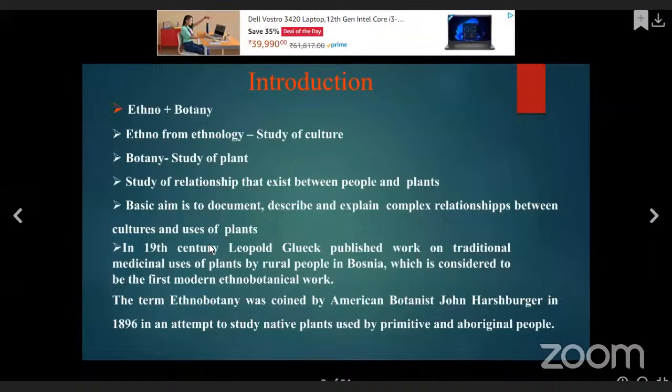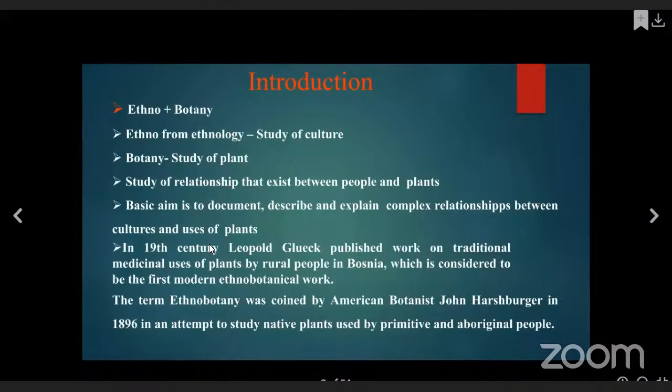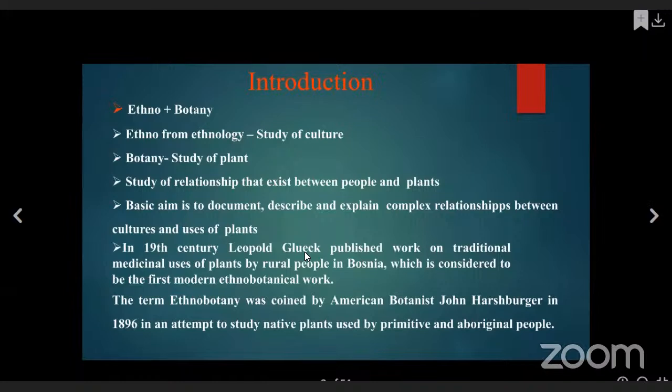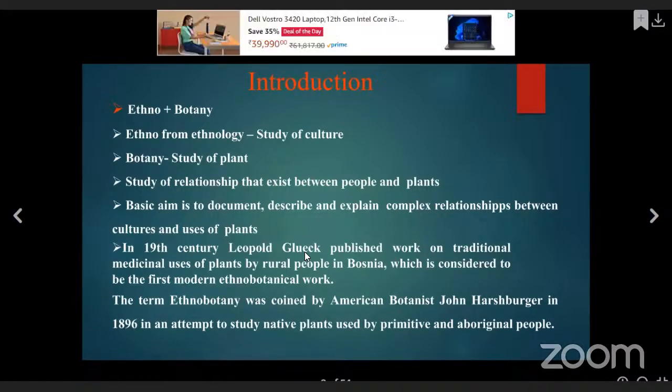Next one. In the 19th century, Leopold Glück published work on traditional medicinal uses of plants by rural people in Bosnia, which is considered to be the first modern ethnobotanical work. When ethnobotanical work comes, it is simple. If you take your village, you can write an ethnobotanical study of your village name.